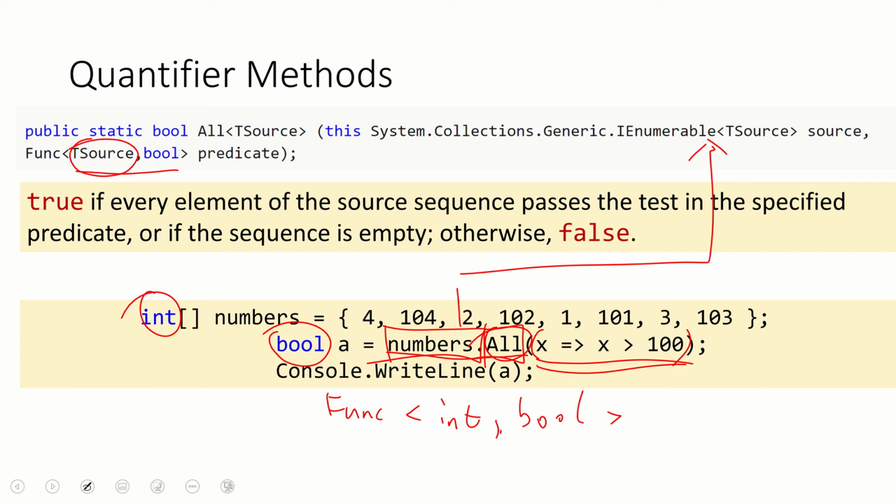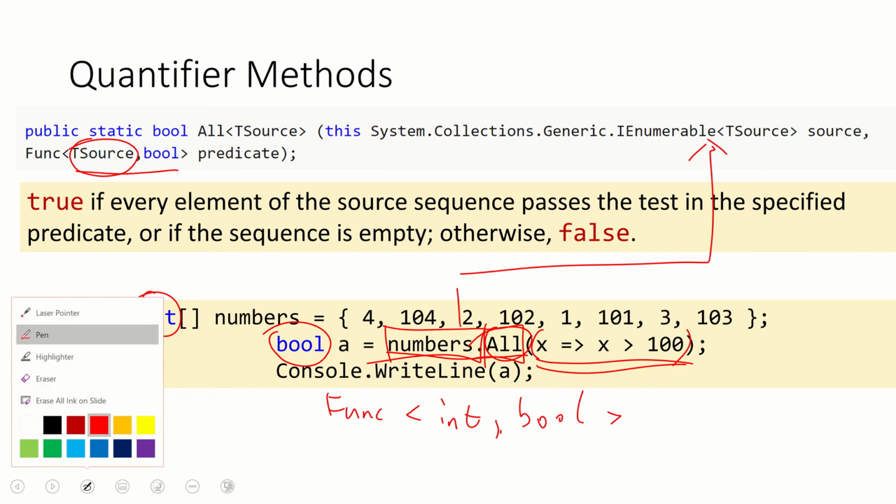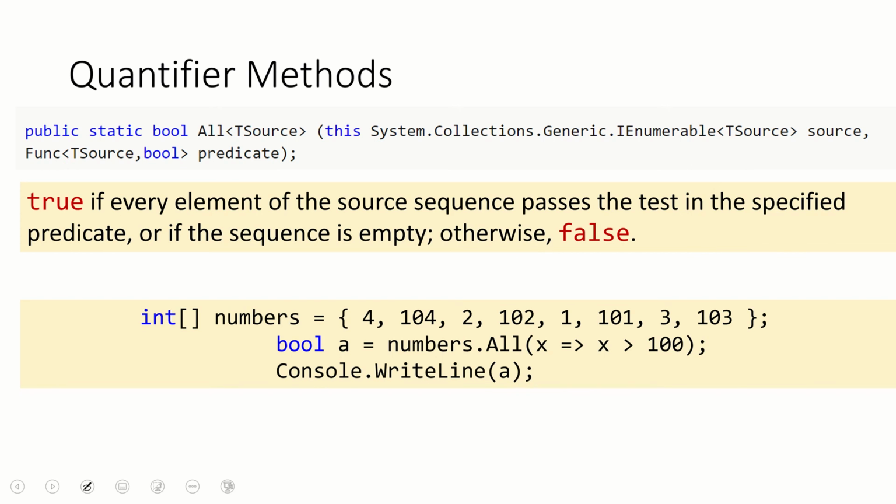I give you like 5 seconds. Okay, so the only thing we want to do is get the elements which are larger than 100. How do we check that every element is greater than 100?